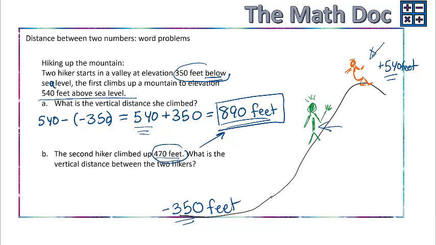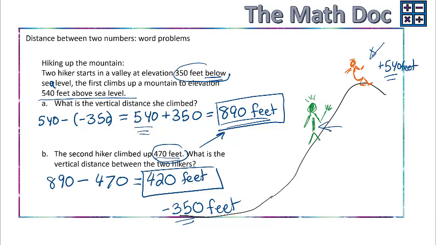So the difference is just 890, which is our larger number, minus 470, which is our smaller number, right? And that just equals 420 feet, right? So that is our answer. And again, this is now the vertical distance between two climbers.